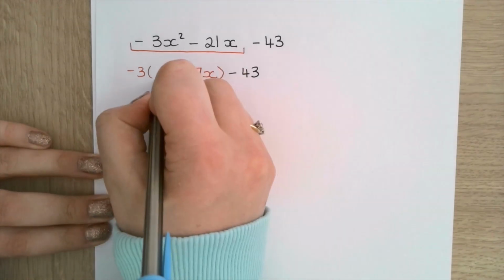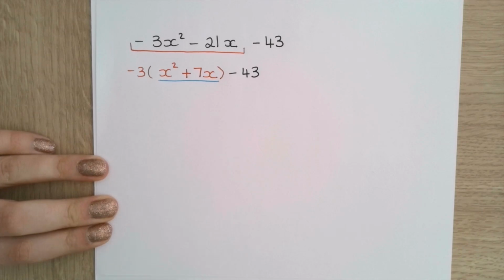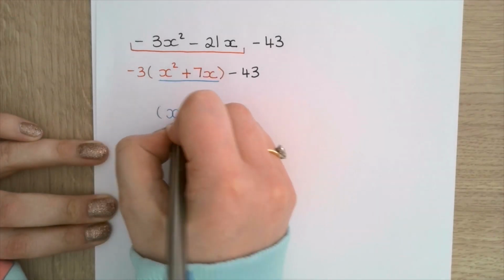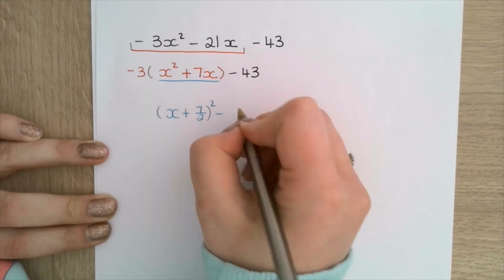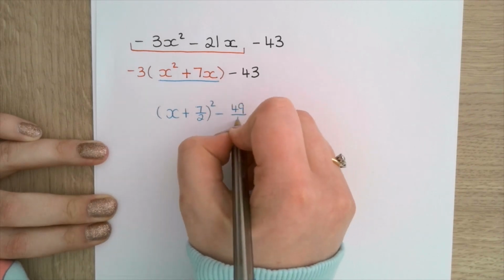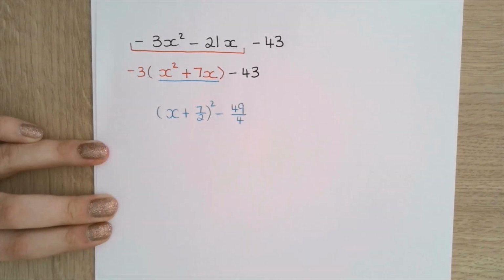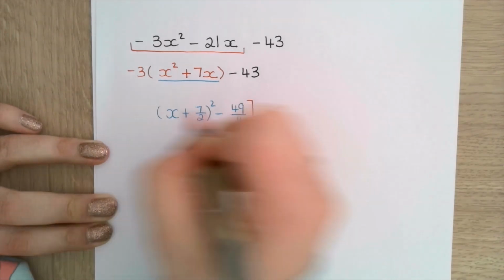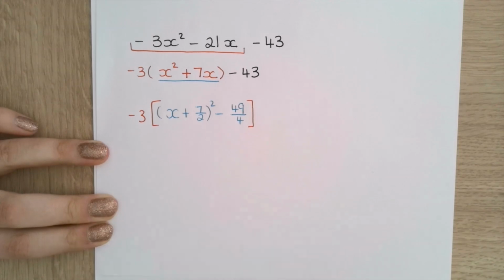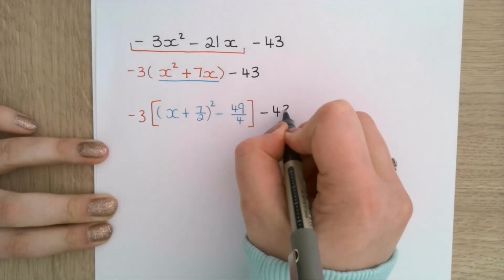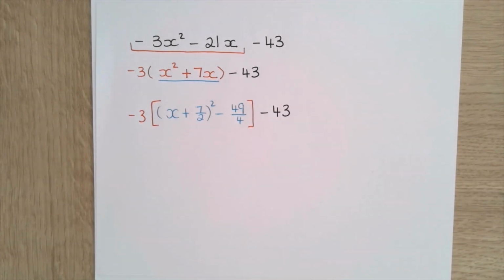Completing the square then on what's inside my bracket, I get x plus 7 over 2 all squared minus 49 over 4, and that is obviously being multiplied by negative 3, and not forgetting my negative 43 at the end.